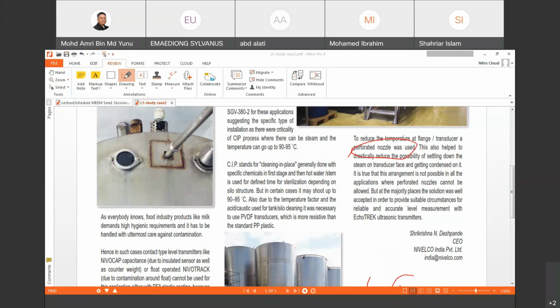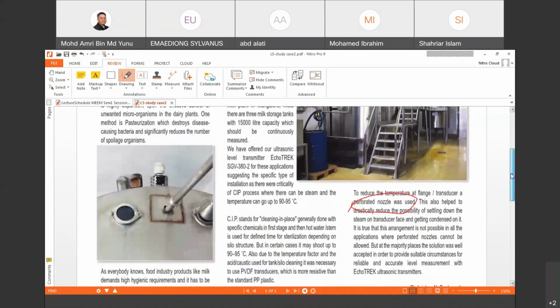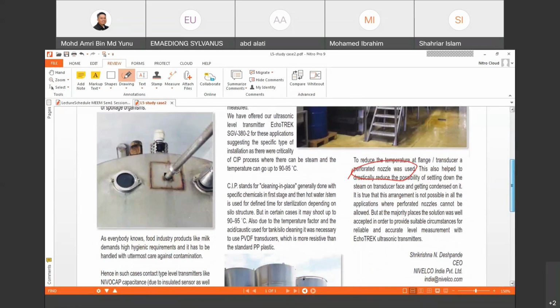Some kind of construction method to avoid temperature change in the empty space, so that the output signal is not affected by the temperature change.